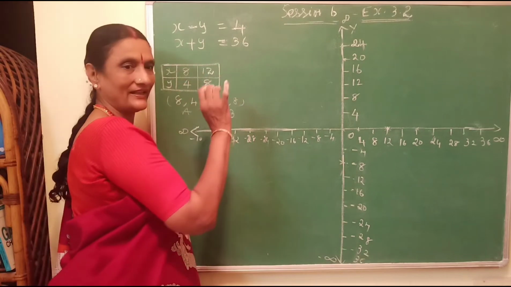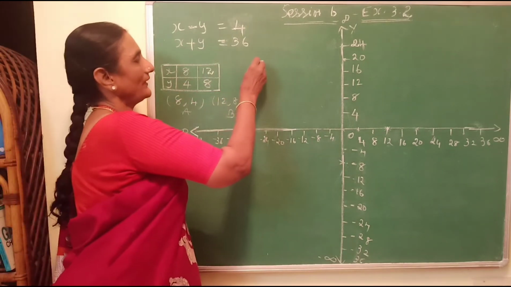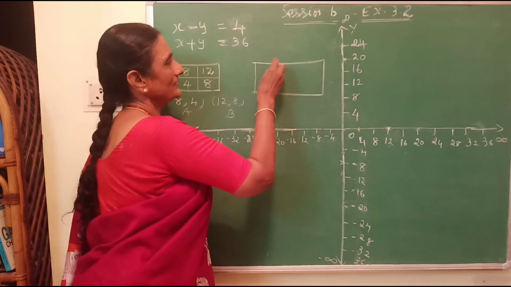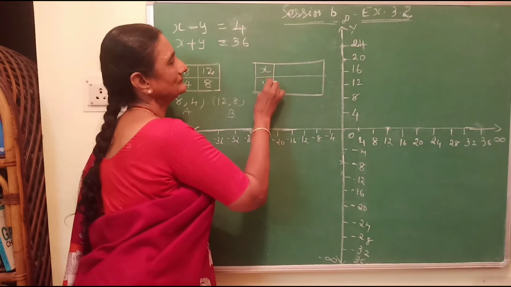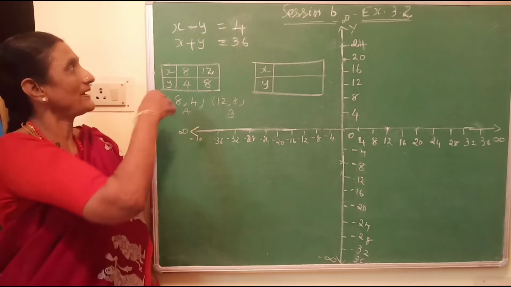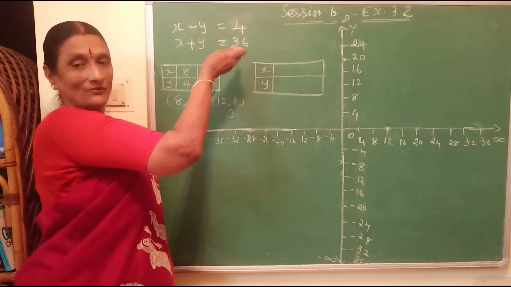Now, second equation, we have got to write this as one more tabular column, x and y. Now here x plus y. So nowhere we can choose 1 and 0, 36, 1 means 35.